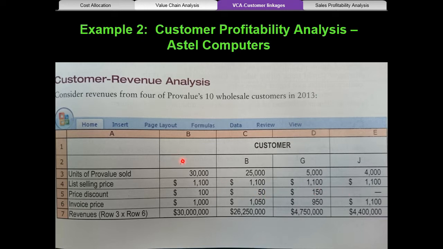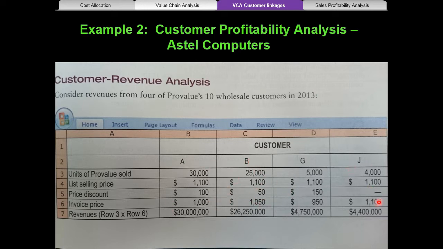So for example, A and G may have more bargaining power, so Pro Value has to offer them a much higher discount than customer B or customer J. So therefore the final invoice price is that B is given the most money.